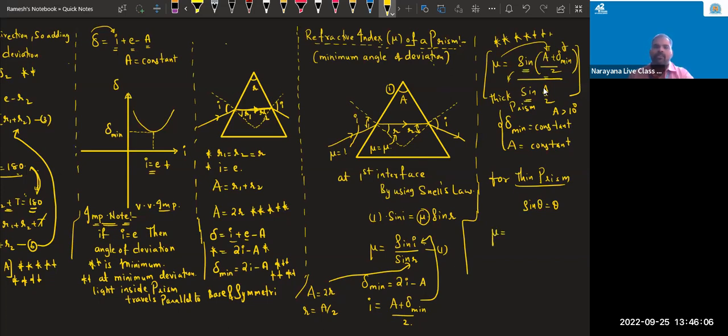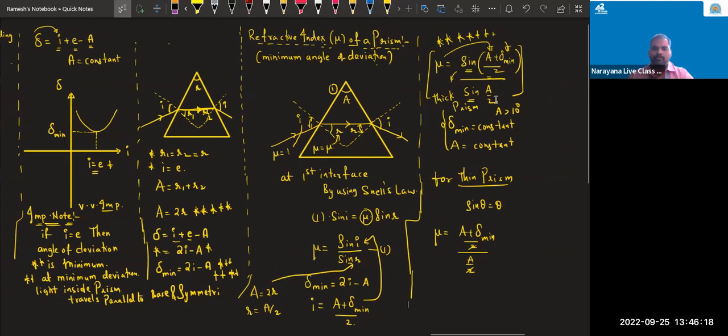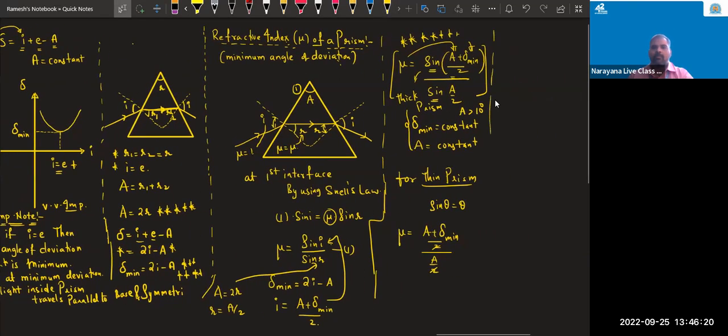Shall I remove the sines? So mu is equal to (A plus delta minimum) by 2, whole divided by A by 2. The 2 cancels out. So mu is equal to (A plus delta minimum) by A. Bring A to this side: mu into A is equal to A plus delta minimum.